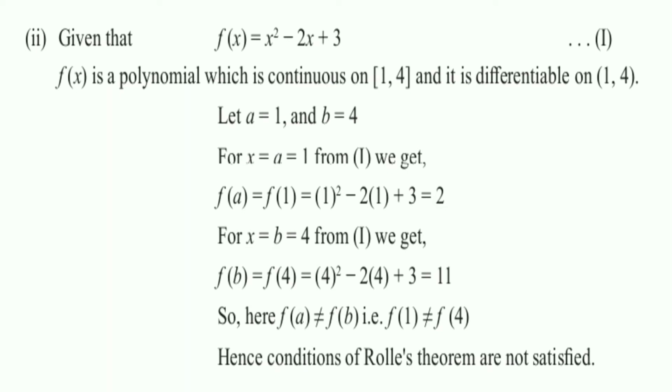So here f of a is not equal to f of b, that is f of 1 is not equal to f of 4. Hence, conditions of Rolle's theorem are not satisfied.